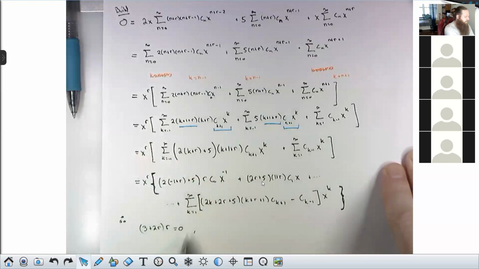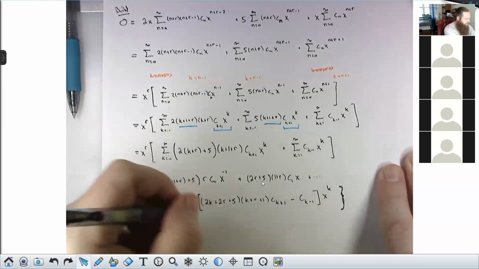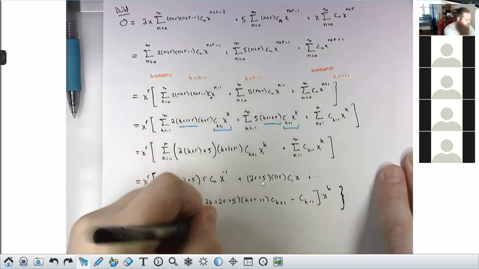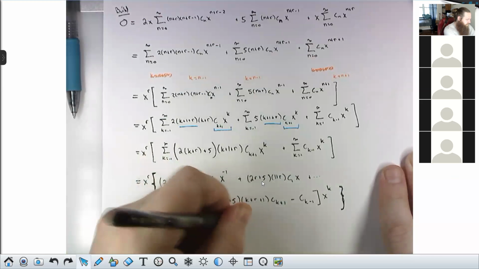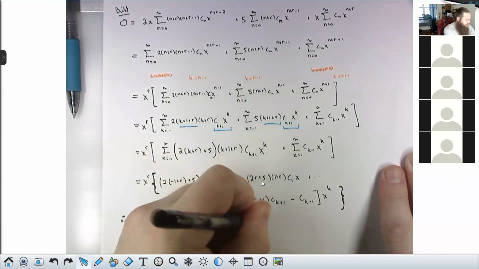So this is really my initial equation. And then this I can think of as a consequence of the recursion relation. But let's go ahead and write it down. 2r plus 5 times 1 plus r times c1 equals 0.